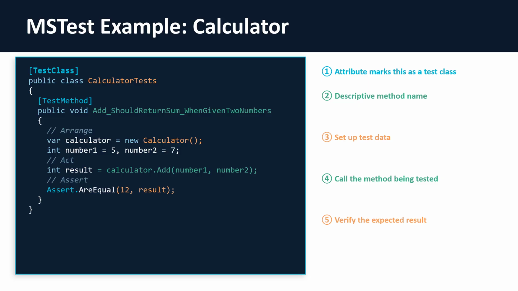Now, I think sometimes beginners are a little bit like, why am I testing that 5 and 7 make 12? But what we're really testing is, does calculator.add, when given two numbers, add them together and produce a sum?